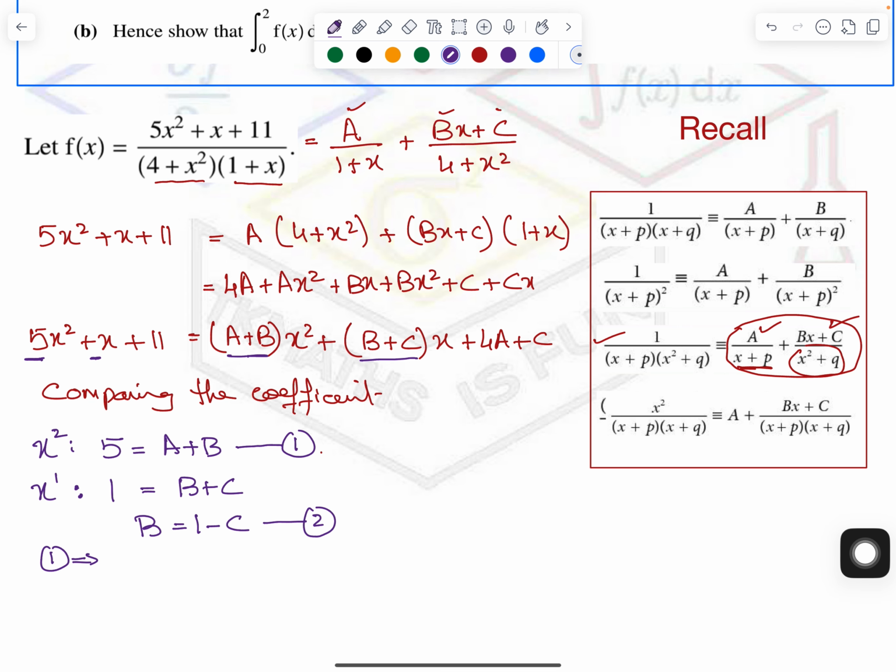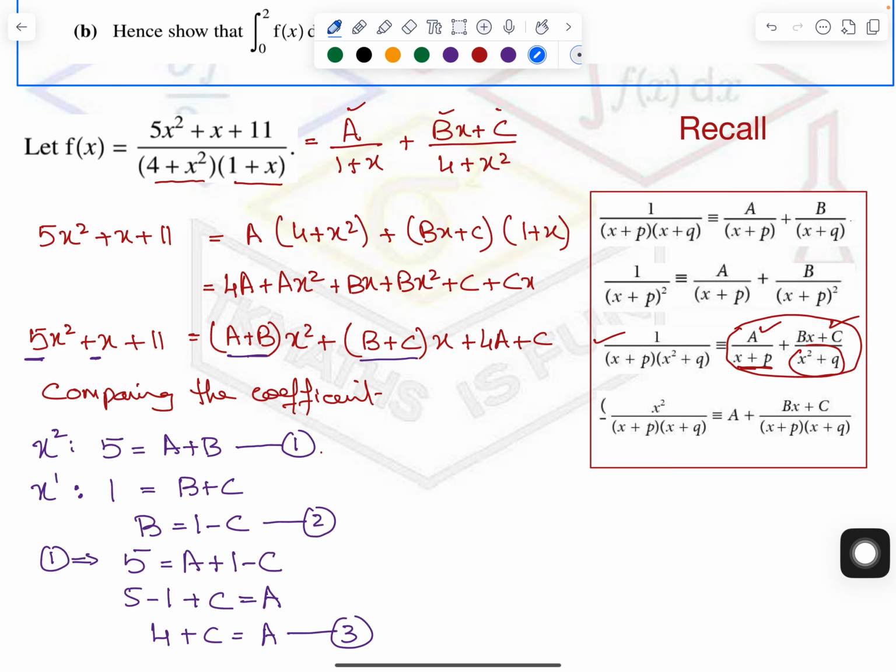After that I will compare the constant term. You can do it later, I'm just doing it right now. It is your choice. So 5 is equal to A plus 1 minus C, and I'm making A the subject. So it will become 5 minus 1 plus C equals A. So you get 4 plus C equals A. Let's call it equation number 3.